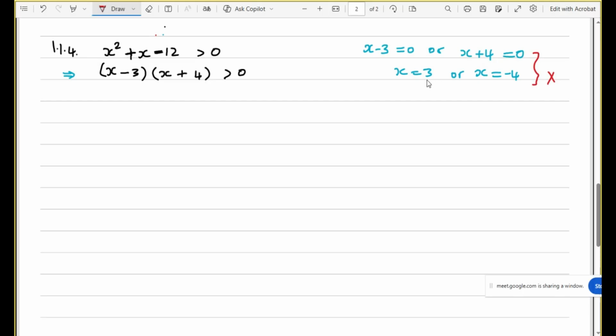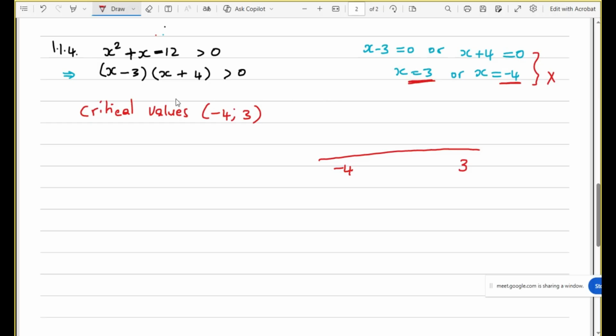Instead, what you can do is take the x is equal to 3 and the x is equal to minus 4, write them like this and say, these are my critical values. Then you're going to write them inside the bracket with the small one first and then the 3. Then you're going to draw your number line there. Write the small one first and the 3.